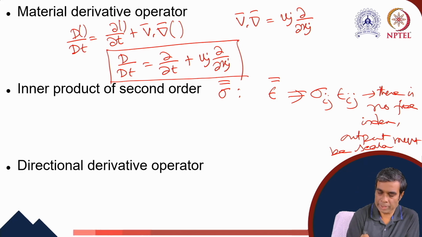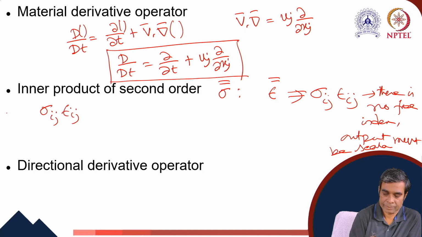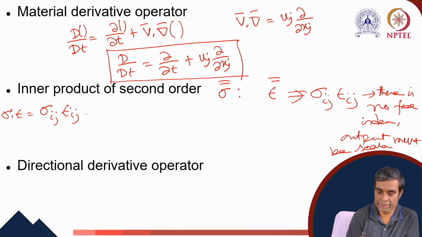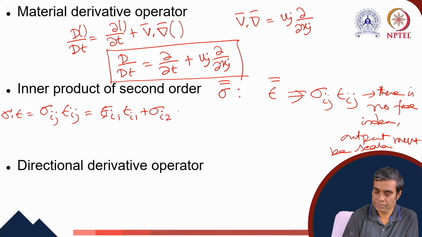If we expand sigma ij epsilon ij, sigma double dot product epsilon, in 2 dimensions, we can write it as sigma i1 epsilon i1 plus sigma i2 epsilon i2.